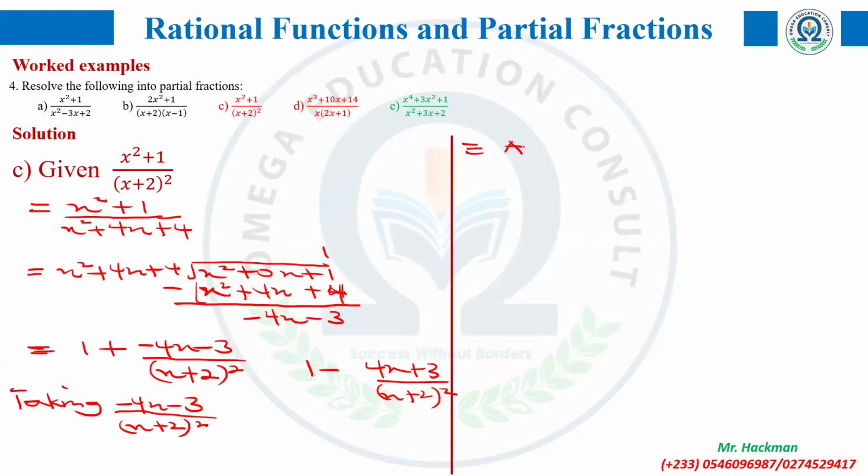So it will be 2 fractions: A over your repeated factor x plus 2, then plus B over your repeated factor squared. Is my point well made, my professors? All correct?